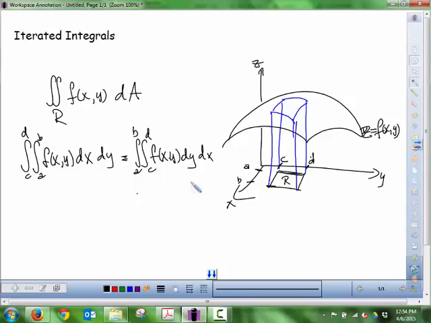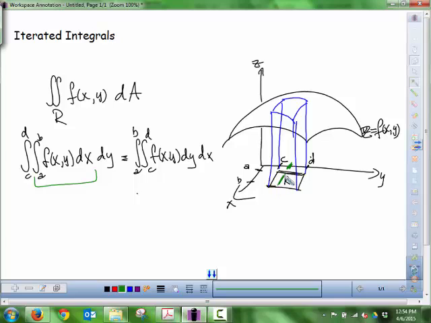All right, but just to try to get a visual of this, if we integrate with respect to x first, what we're essentially doing is fixing our y values. So we're going to integrate from a to b, which means we're going to fix the y value somewhere between c and d.